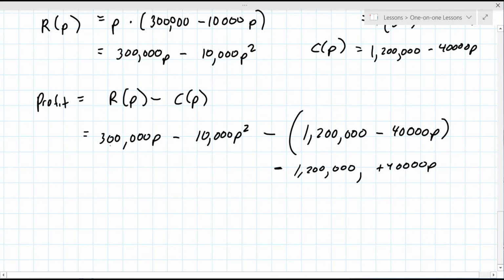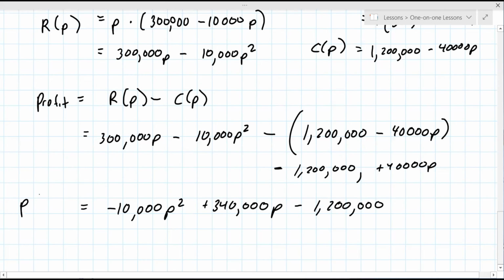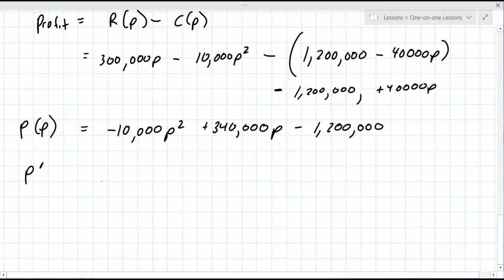Then you can combine like terms: 300,000 P combines with this one, which makes 340,000 P, but I'm going to put the minus 10,000 P squared first. So plus 340,000 P minus 1,200,000. Okay, so that's your profit function. To maximize profit, you have to find a derivative, P prime. So your derivative is minus 20,000 P, power rule, plus 340,000.